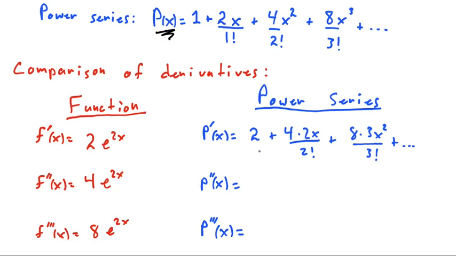Let's take a second derivative. The derivative of 2 is 0. And when we take a derivative of this linear term, we get 4 times 2 over 2 factorial. That is simply 4. And the derivative of this third term is 8 times 3 times 2x divided by 3 factorial.